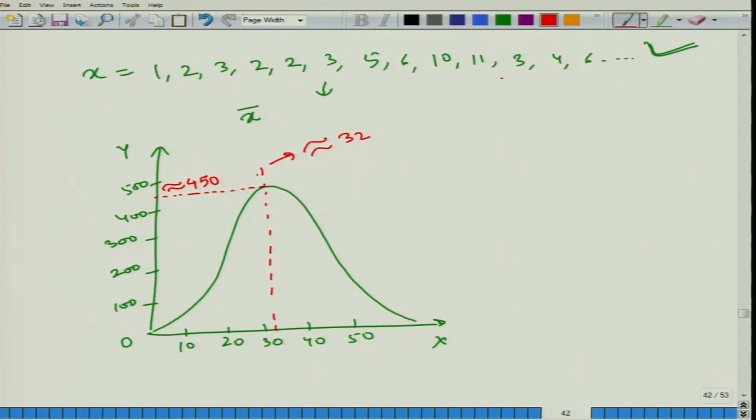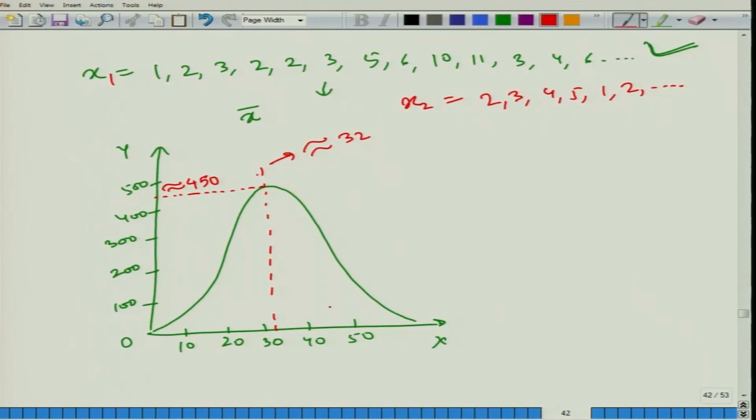On the other hand, suppose I gave you two distributions. This one was x1. Now, if I have x2, again to give some random numbers, 2, 3, 4, 5, 1, 2 and so on. If I asked you which of these two data sets is larger and which is smaller, again it would be difficult.